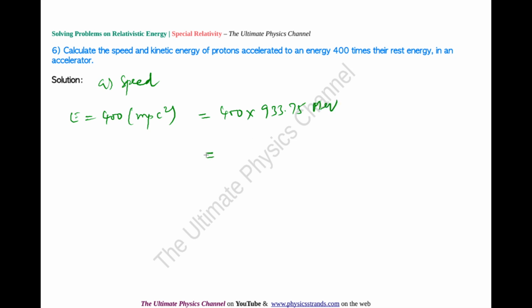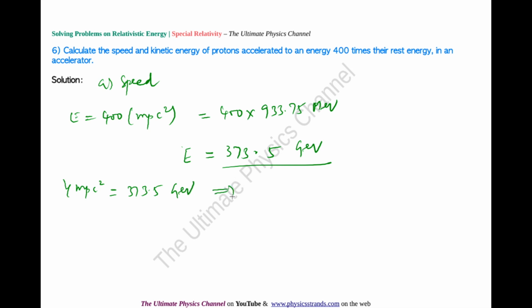So the total energy in this case is therefore 373.5 in terms of giga electron volt, GeV units. This is such a high energy, so we have to preferably write it in GeV units for energy. So gamma m_p c squared therefore is 373.5 giga electron volts.